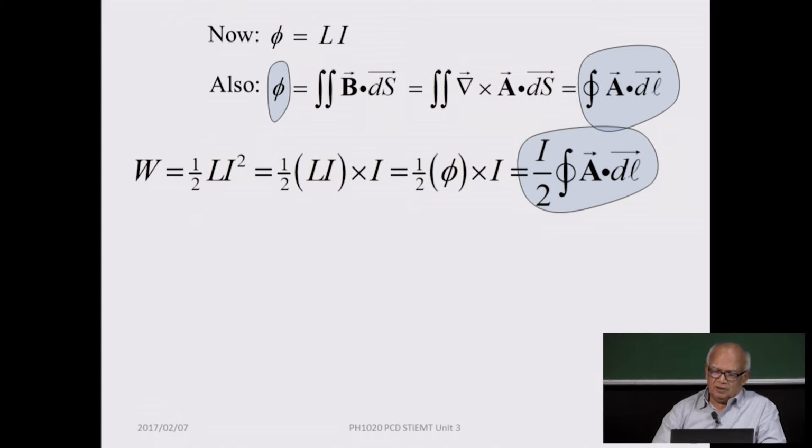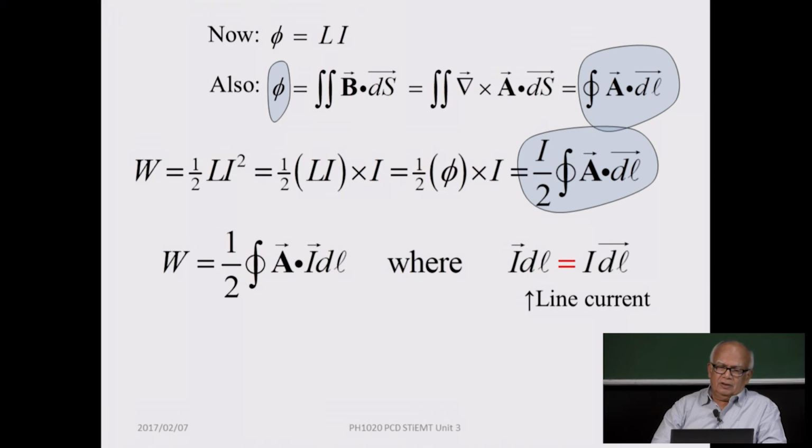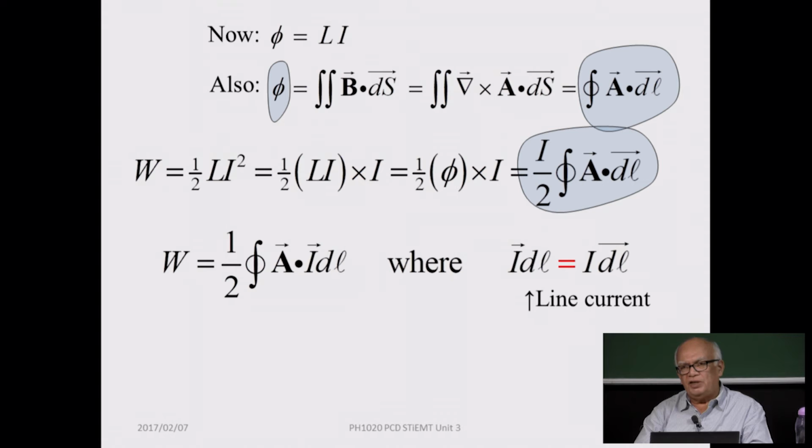Okay? So, this is the relation that we now have, and I have drawn the current I inside the integral sign. I want to remind you that I is not to be treated as a vector. It does not add according to the vector law of addition, but it adds according to Kirchhoff's laws and so on.